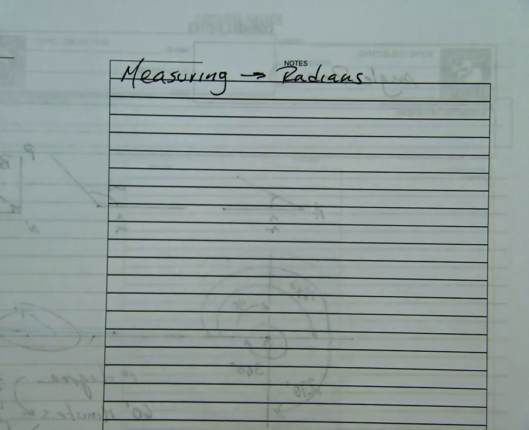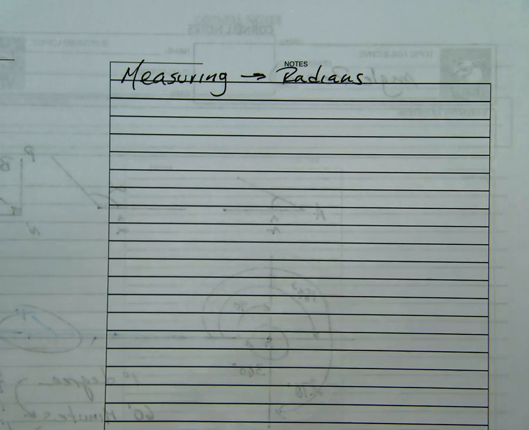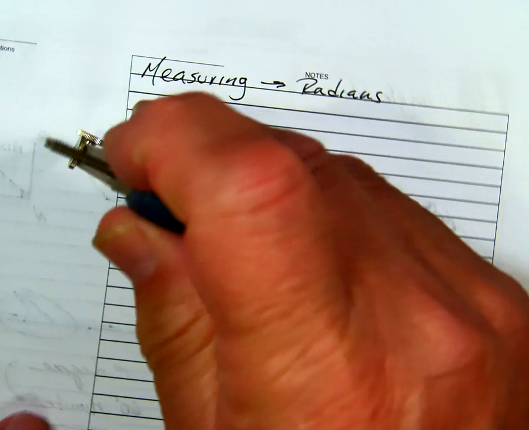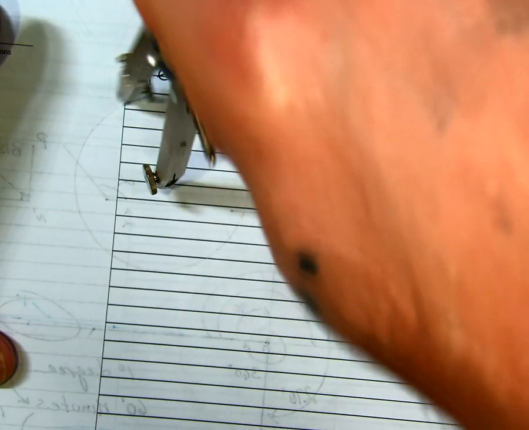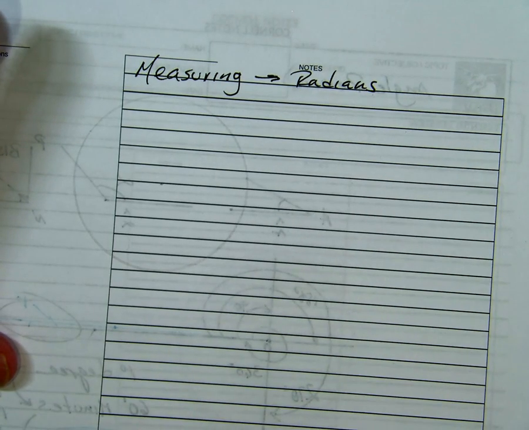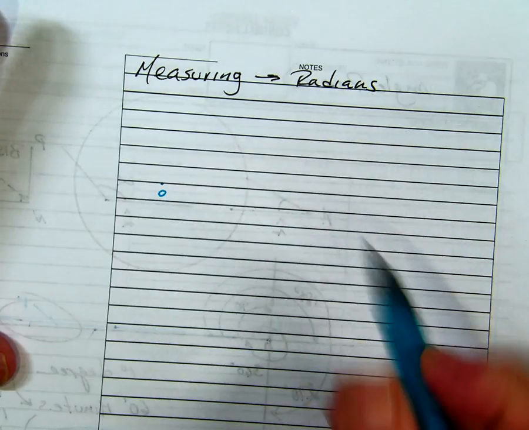So if we take a look at, let me do another circle to illustrate this. Doesn't have to be perfect, but I'm trying to make it as close as I can. Okay, so I have my point right here. That's my O. My center.